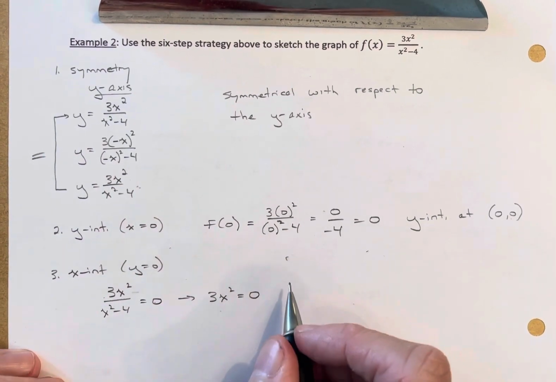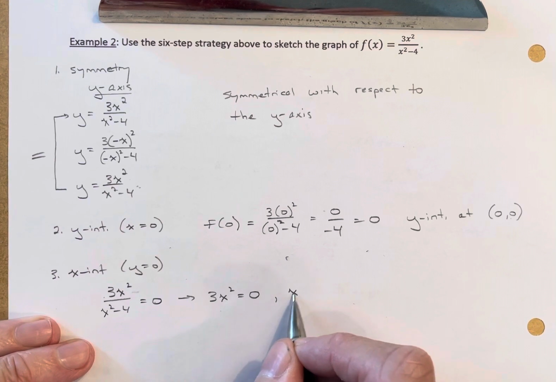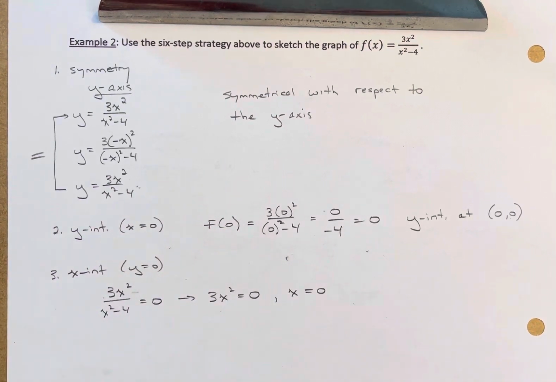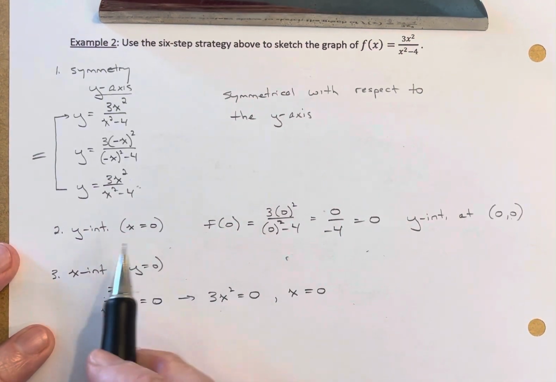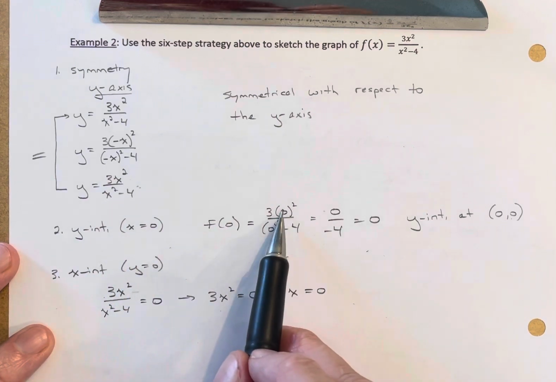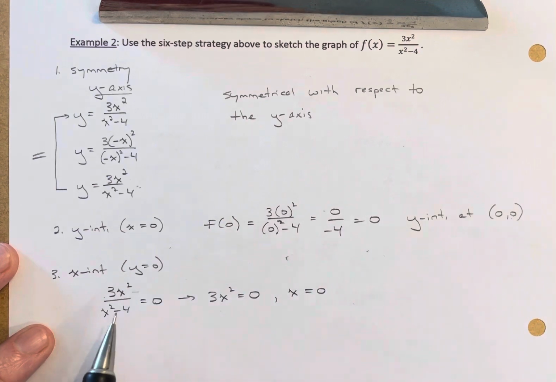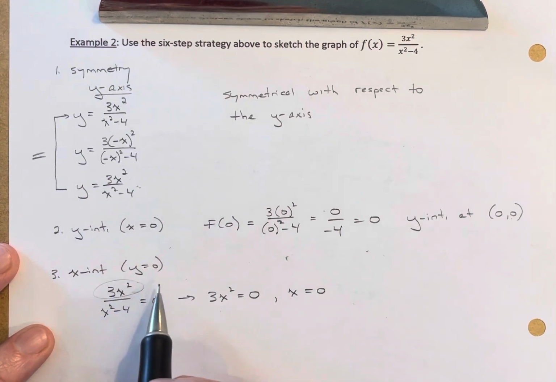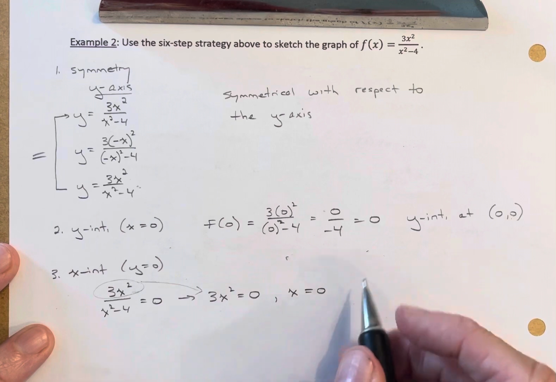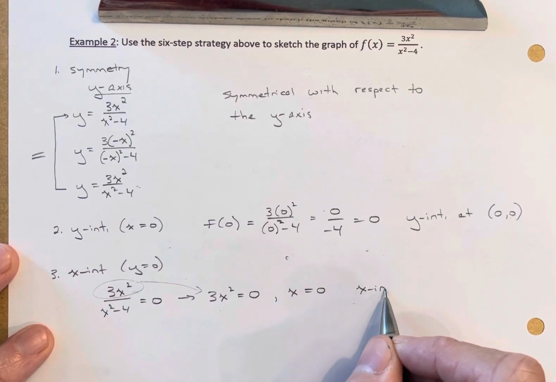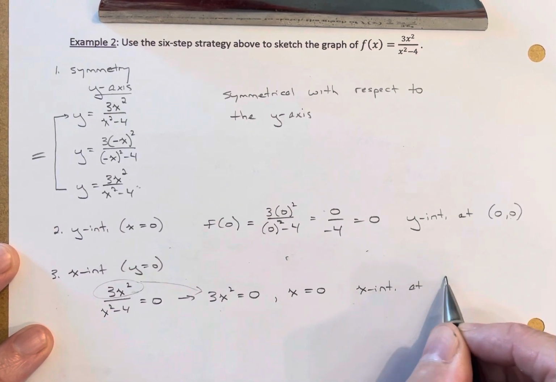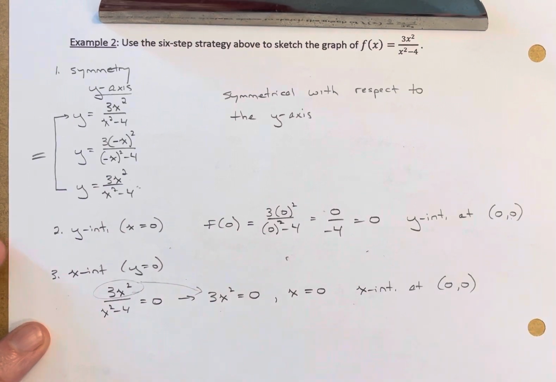Well, I solve this and I get x equals 0, but I knew that, okay? So the y-intercept, I put 0 in for x and solve it. I got a y-intercept at the origin. The x-intercept, I want to know when is a fraction equal to 0. The only time a fraction equals 0 is when the numerator is equal to 0. And so I have an x-intercept at the point 0, 0.